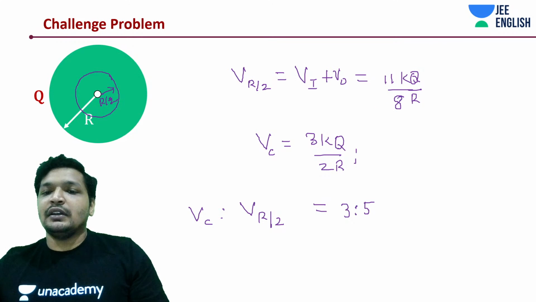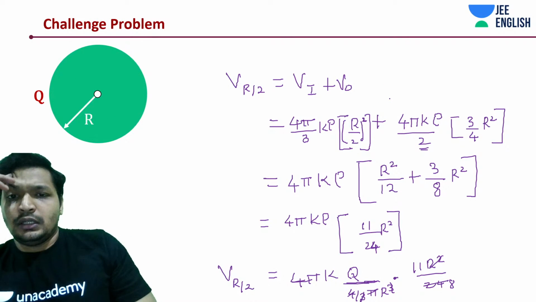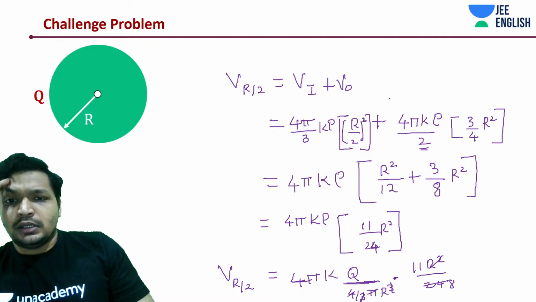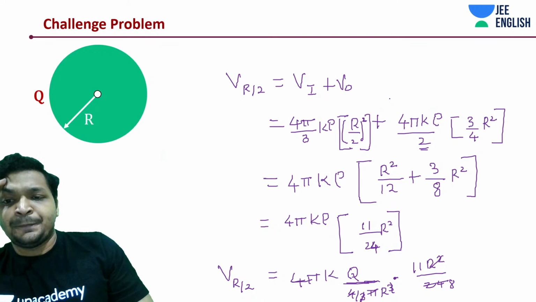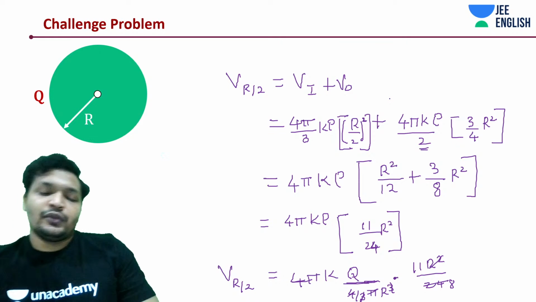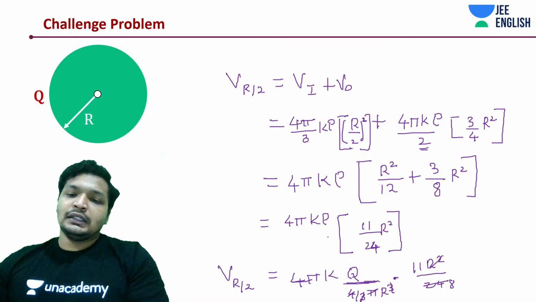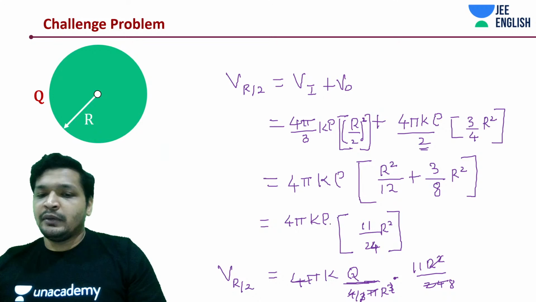So by 8, 4 pi 12, that is correct, 12, and by 8, that is correct. R square taken out as common, then you will have 1 by 12 plus 2 into 11 divided by 24, the 3 to generate an 8 by 8.